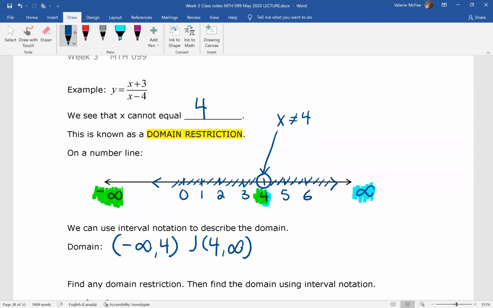We use a union symbol to say that the domain is both of these intervals. Notice I'm using an open circle here. Remember that that open circle tells me that x cannot equal 4.